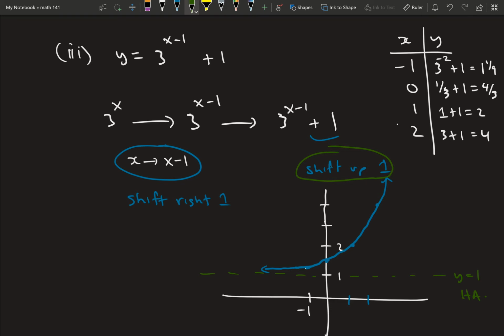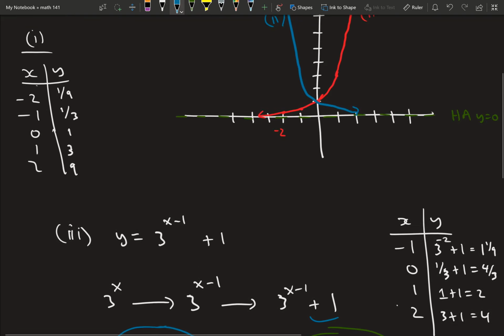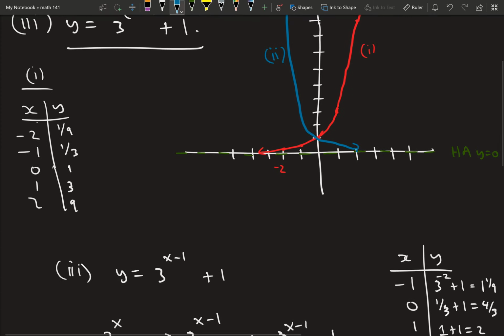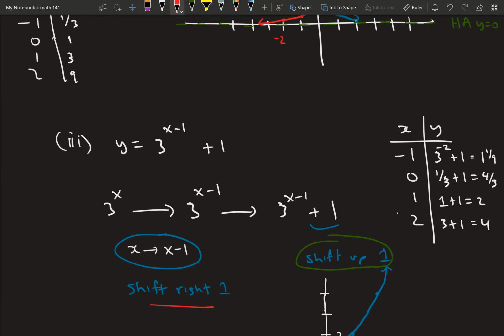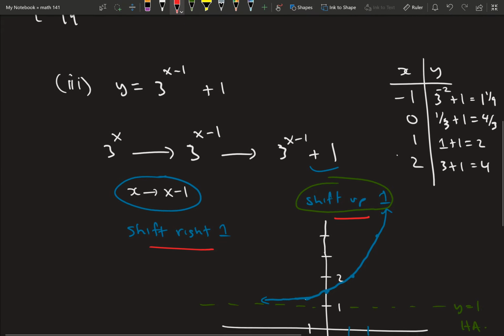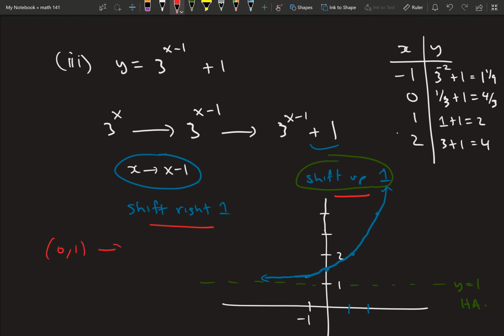Okay, so we've gotten the graph now, and if I wanted to think of it as a shift, let's start with one point here. If I had the original point on the graph right here, which was 0, 1, and I shifted that to the right by 1 and then up by 1. So 0, 1, if I shifted it to the right, it would become 1, 1. And then if I shifted it up, it would become 1, 2.